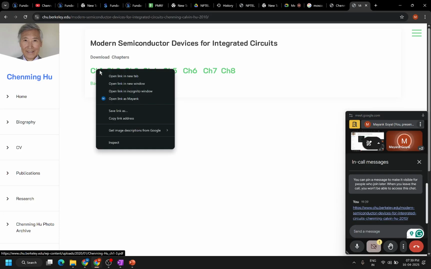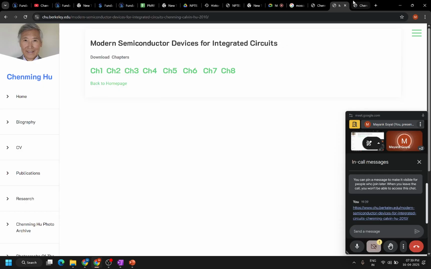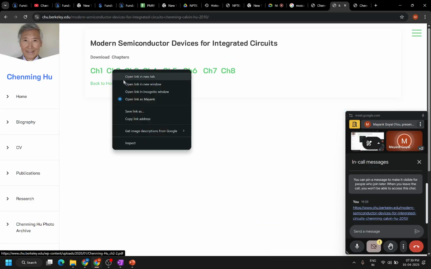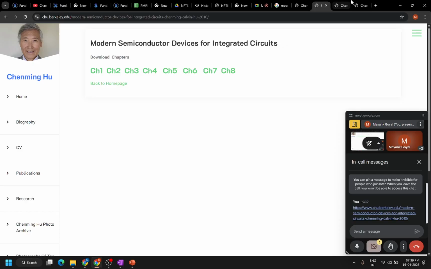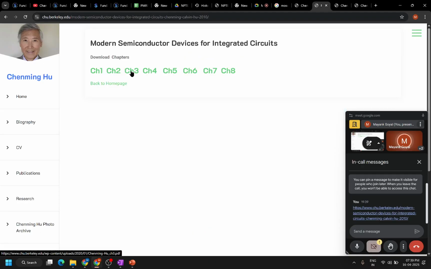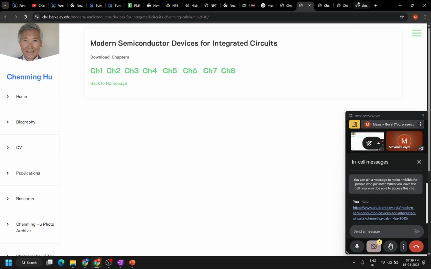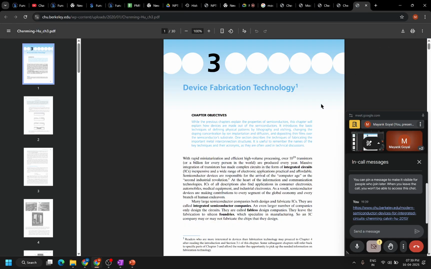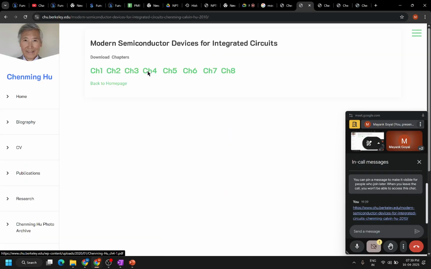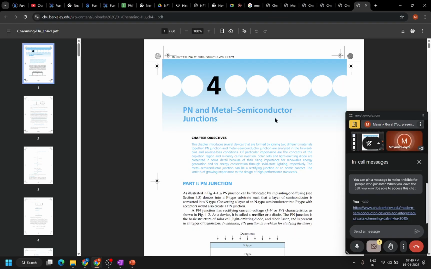So it starts from your basic semiconductor, electrons and holes. Then chapter 2 is recombination and motion. Then this is device microfabrication. Then this is PN junctions and Schottky junctions.